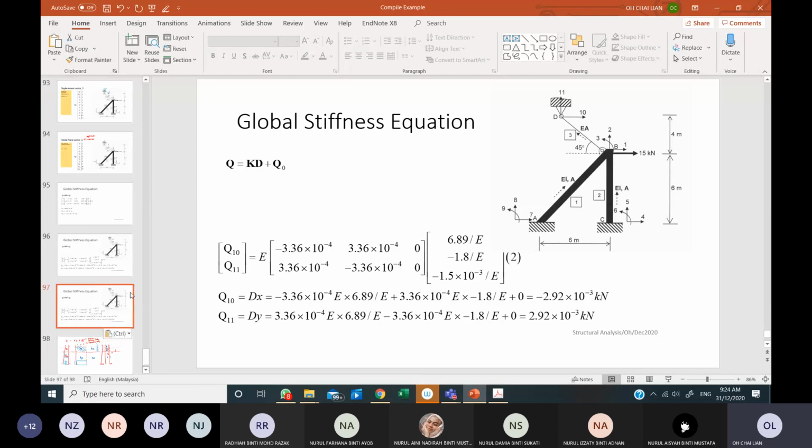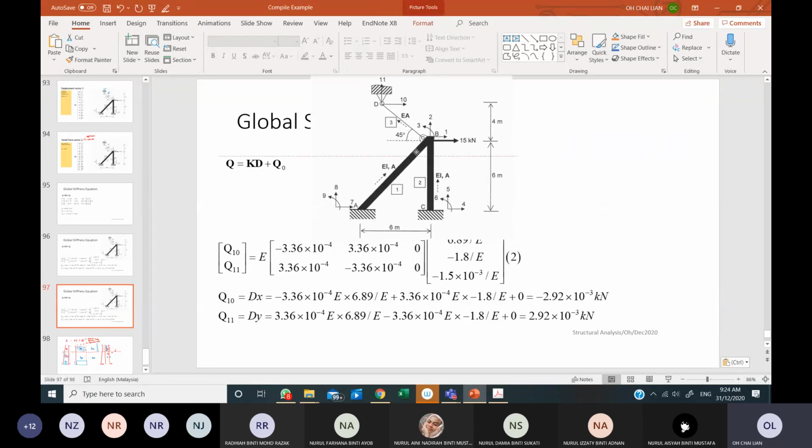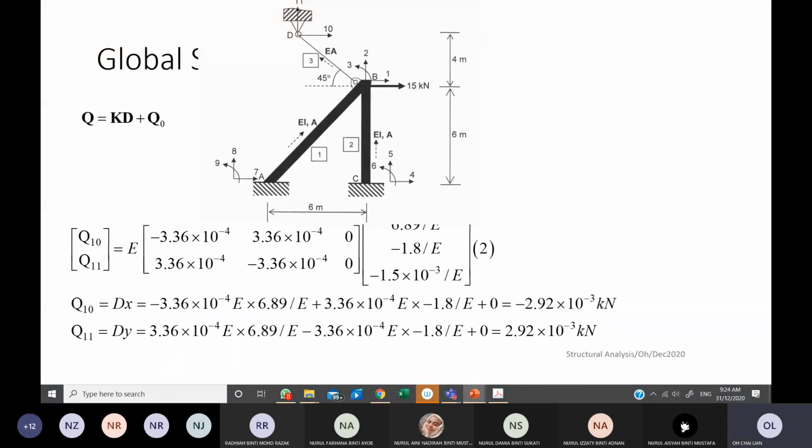Let us draw the joint equilibrium. You are going to draw a joint D free body diagram. This is D, and here we have Dx. Dx is negative, means this direction, 2.92 power negative 3.